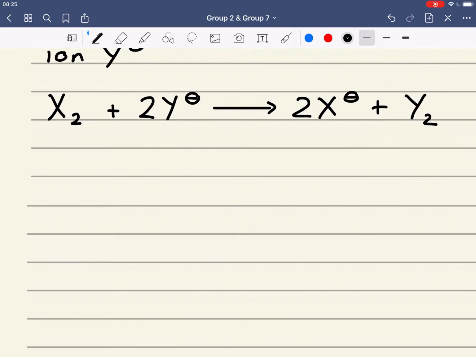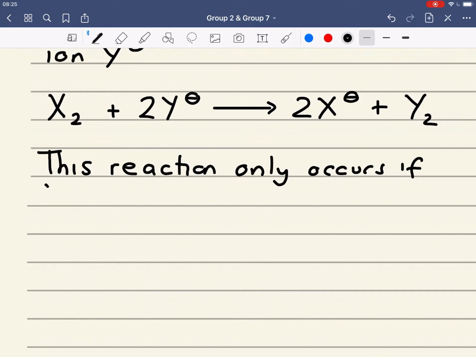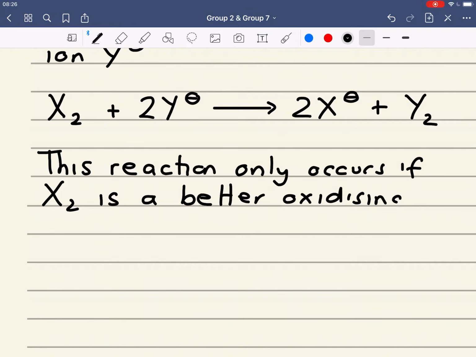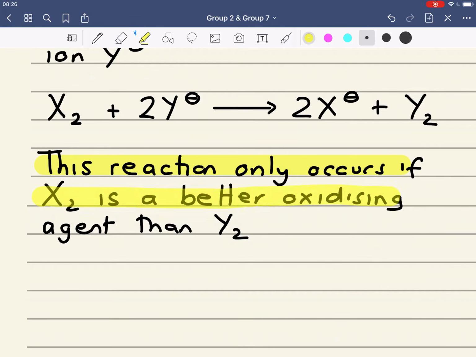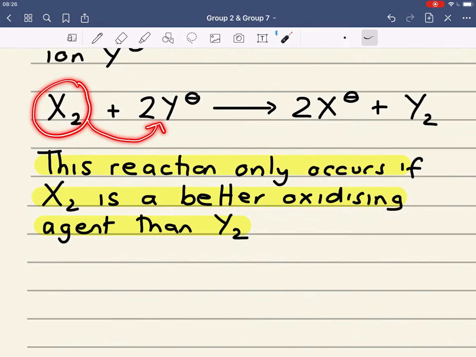Now, the key here is this reaction only occurs if X2 is a better oxidizing agent than Y2. And that is very, very important. That's the key to these halogen displacement reactions. The reaction will only occur if this halogen here wants the electrons more than this halogen.